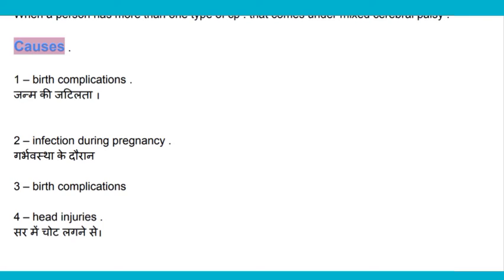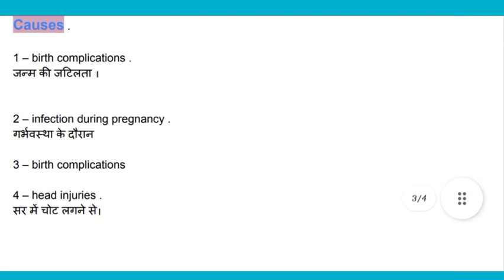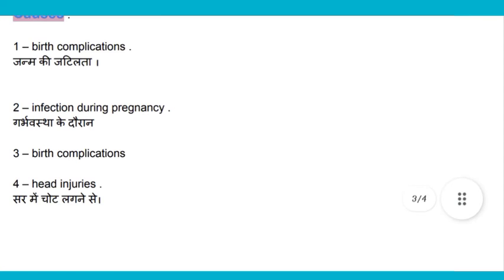If a woman is suffering from any type of infection, it can also affect the baby. Third is birth complication. We saw it already. Fourth is head injuries. If due to any accident or any reason there is an injury in the brain, it may also lead to cerebral palsy.